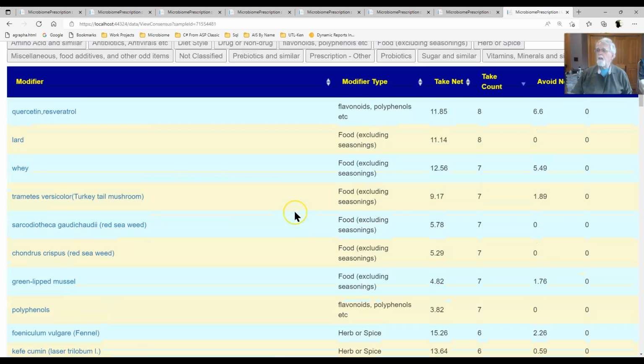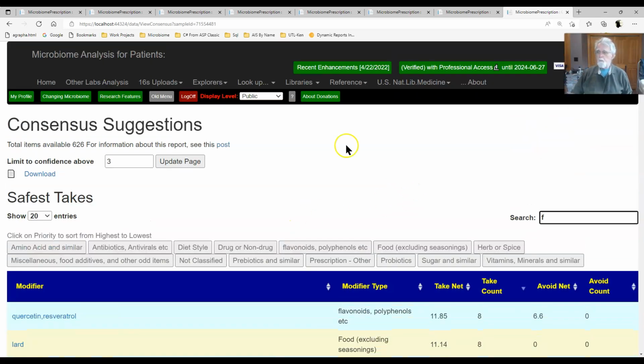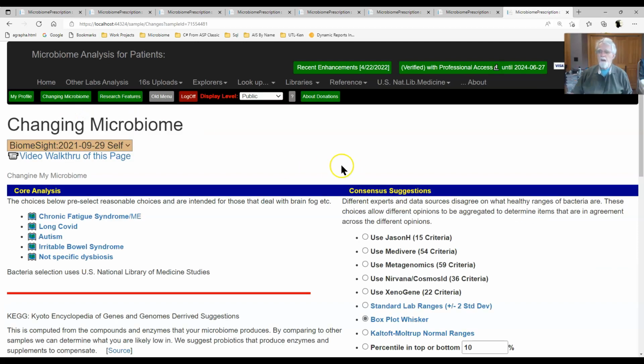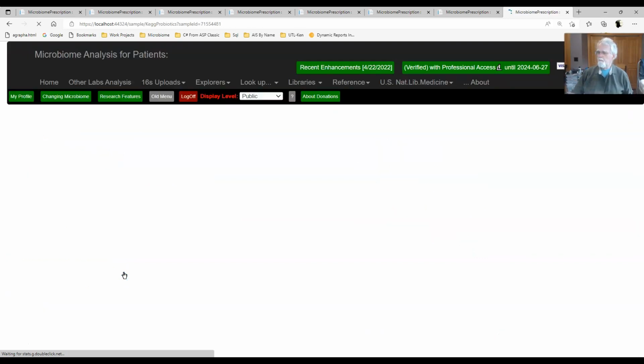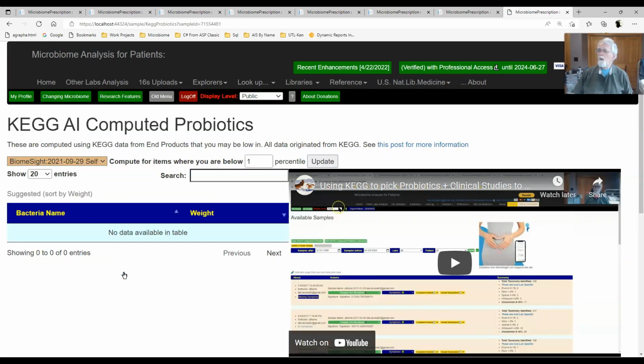So that basically takes us to looking at suggestions. We do have the KEGG AI suggested probiotics, which does the calculation in a totally different way. In this case, at 1% we have nothing, so I'm going to bump it up to 10%.